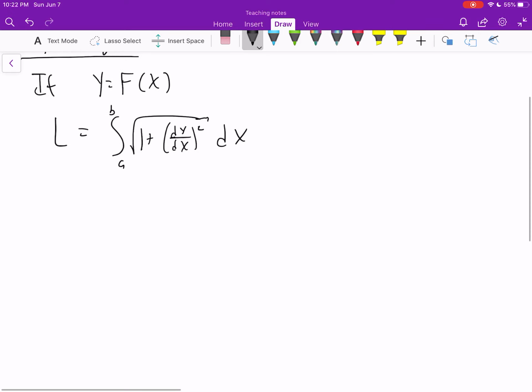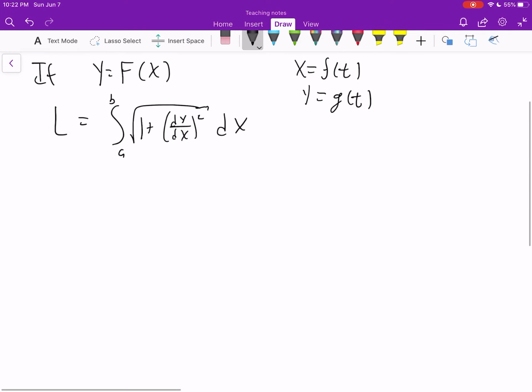But you'll remember that, for parametric equations, if we could describe this thing instead as a parametric equation, x is equal to little f of t, y is equal to little g of t, then dy dx is going to be, let's just do this in terms of y and x, dy dt divided by dx dt.